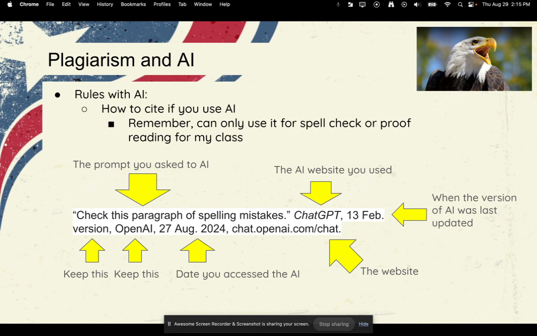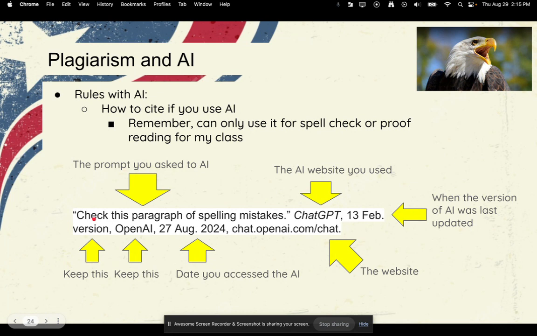Now, here's a good question. How do you cite with AI? This is still kind of a new thing in the world of citations. This is pretty much the best one I found on some of the resources the district gave us. What you need to do is put in parentheses the prompt of what you asked the AI website to do.